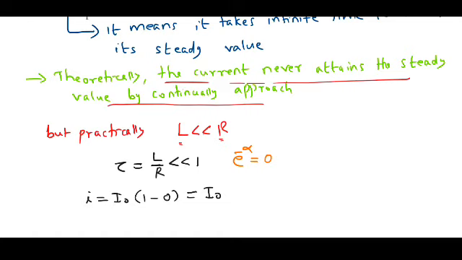What is the meaning of this calculation? I is equal to I0. That is, the current in the circuit reaches its steady value in a fraction of a second.